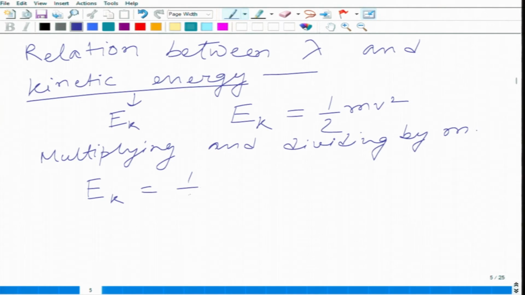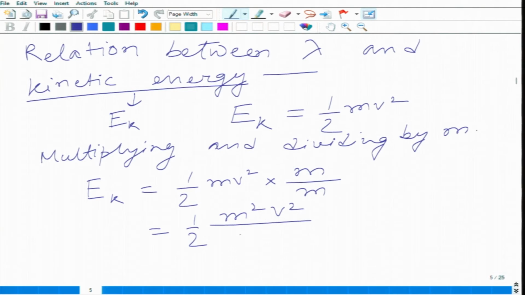Ek is equal to half mv squared into m by m. This we can write as half m square v squared by m.